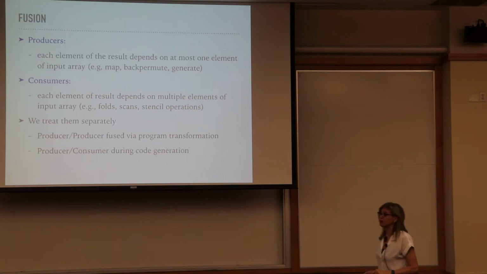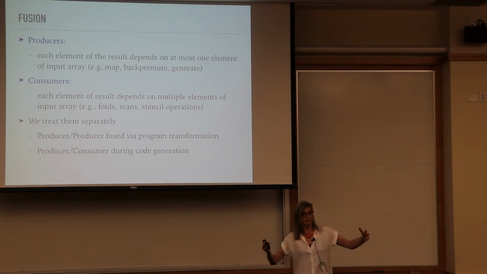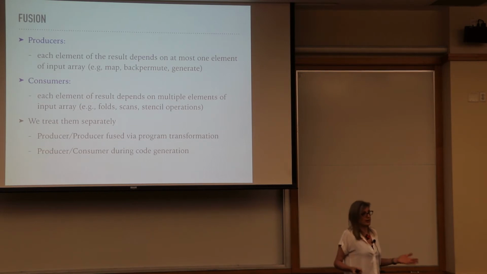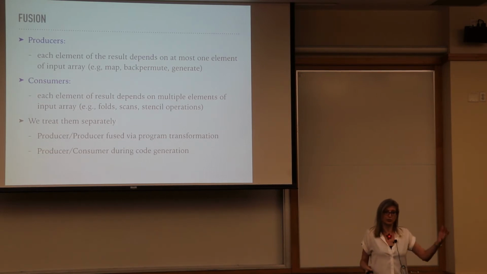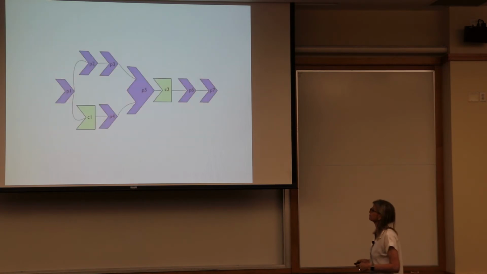We don't have consumer-consumer fusion. So if we have two folds in combination, there's lots of cases where it would be good to fuse that together. We don't handle that at the moment.